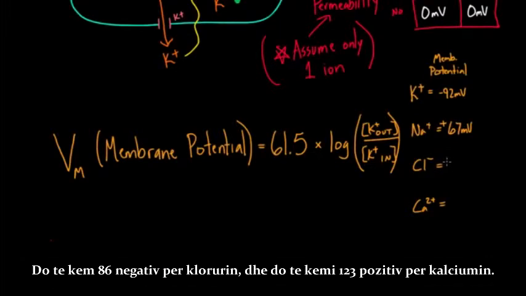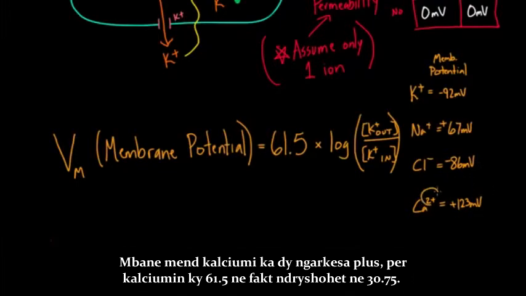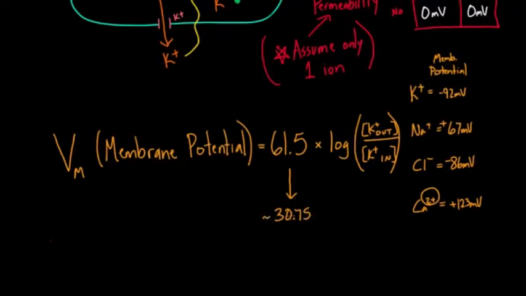You get negative 86 for chloride, and you get positive 123 for calcium. And now keep in mind calcium has a 2+ charge. So for calcium, this 61.5 actually gets changed to 30.75. And that's rounded off. But that's because of that 2 positive charge.